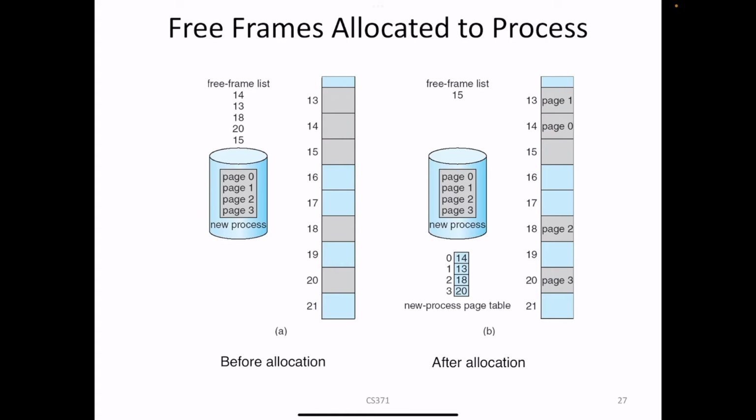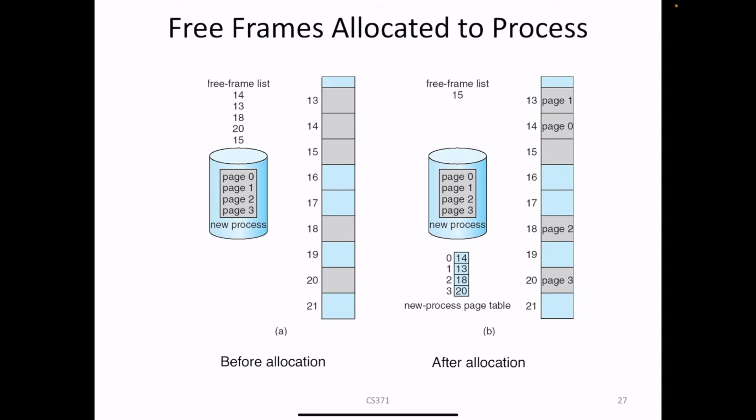Next, let's see how we can allocate the free frames to a newly arrived process. When a new process arrives in the system, we first check whether the number of free frames is enough to hold the new process. For this example, we know that the new process includes 4 pages.